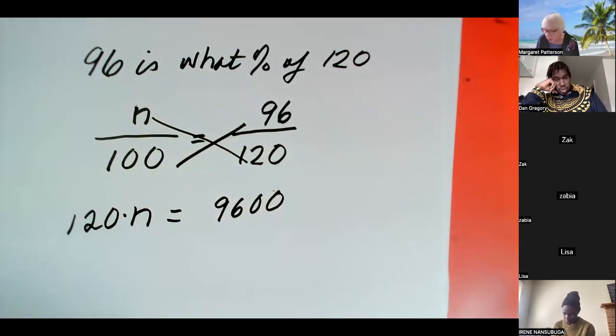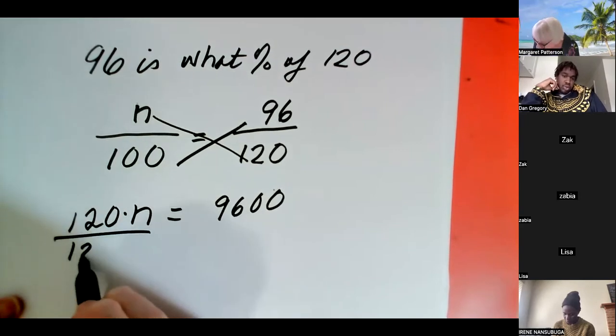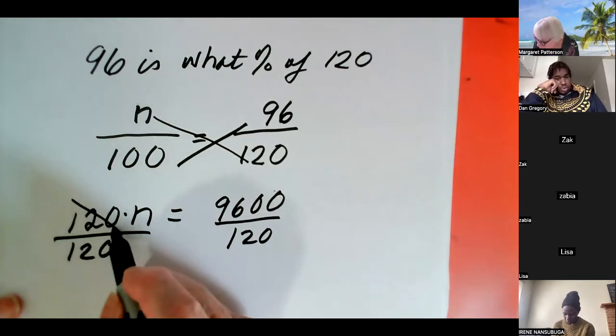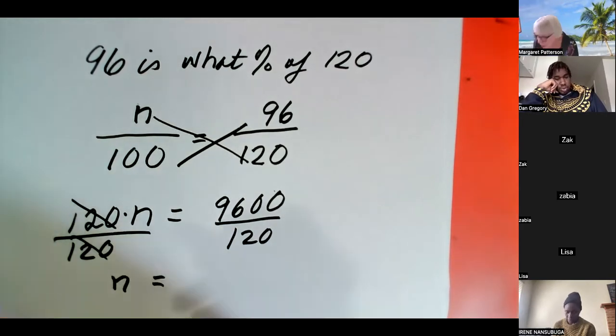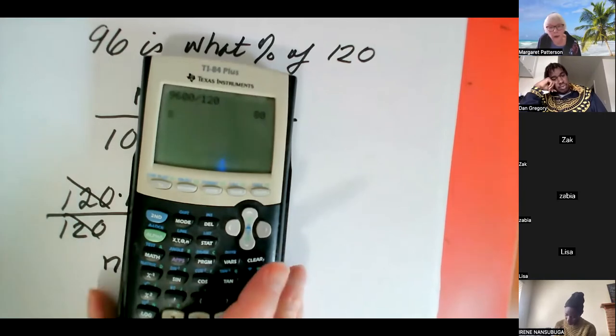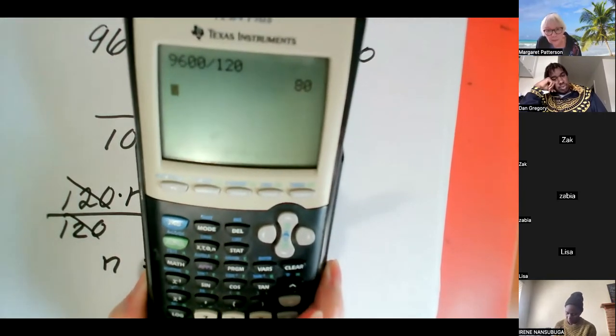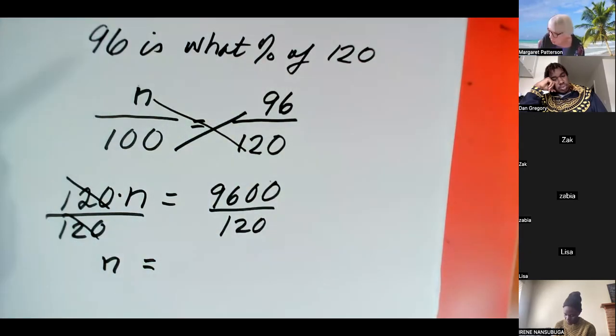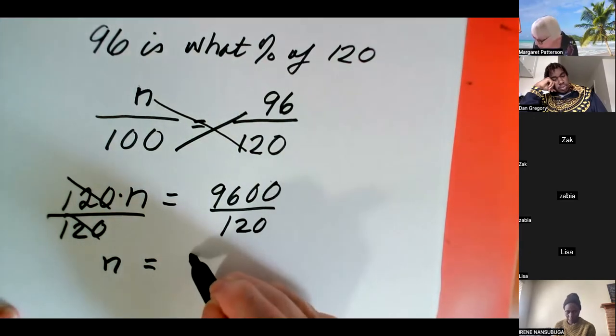I'm going to divide by 120. And frankly, when the numbers get like this, you can do them by hand or not. 9,600 divided by 120 turns out to be 80.